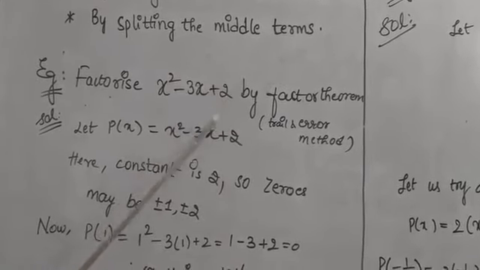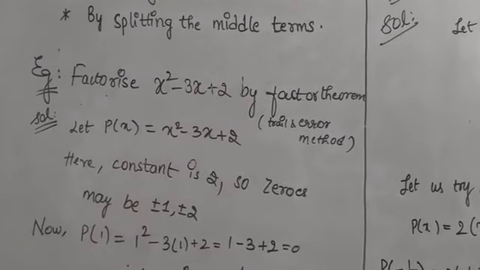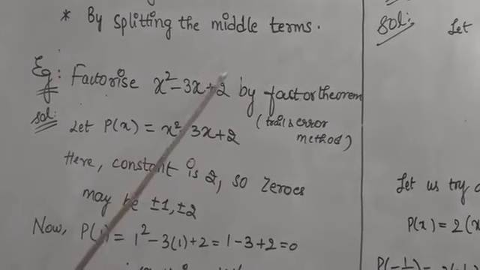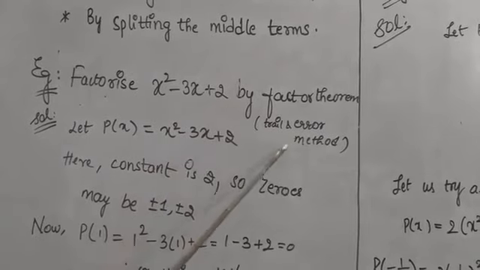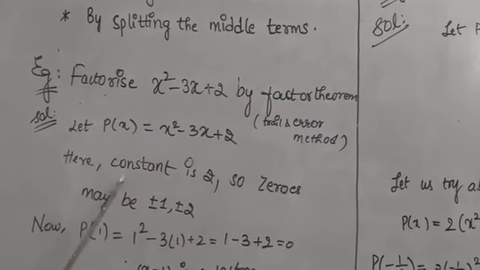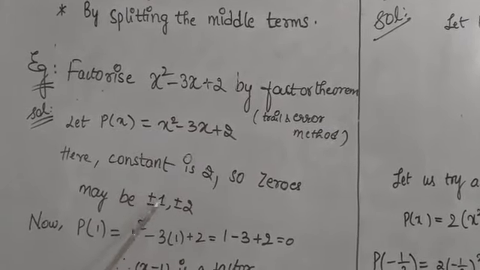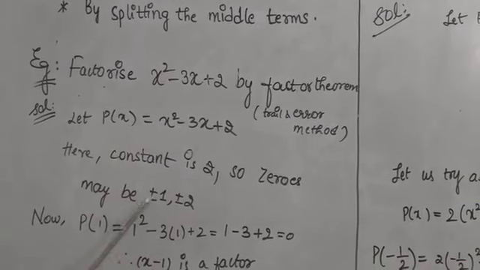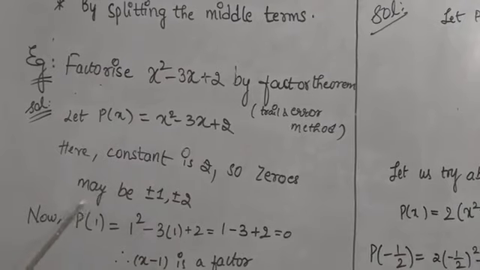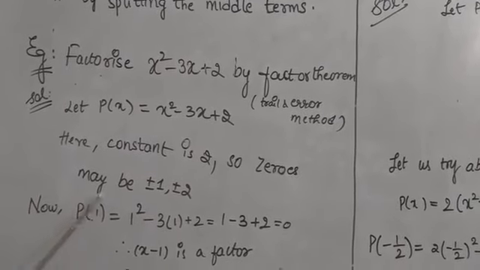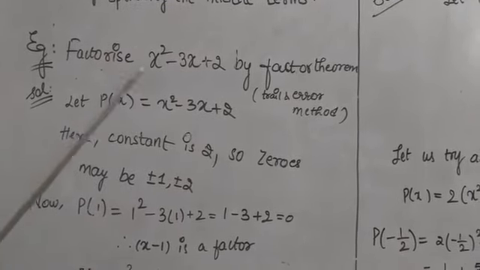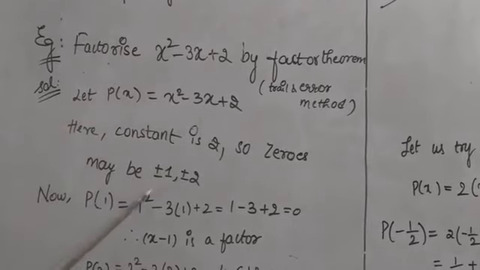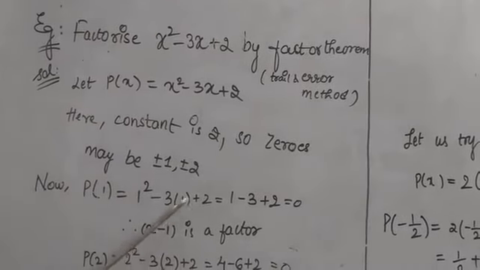Here, the constant term is plus 2. So generally the factors of 2 are 2 and 1. Therefore the possible zeros are plus or minus 1 or plus or minus 2. You can choose these with your trial and error. So I have considered p of 1. p of 1 equal to, substituting 1 in place of x, you will get 1 square minus 3 of 1 plus 2.